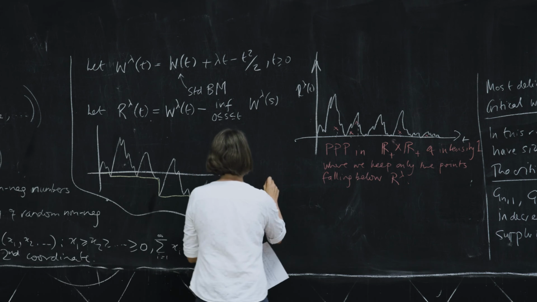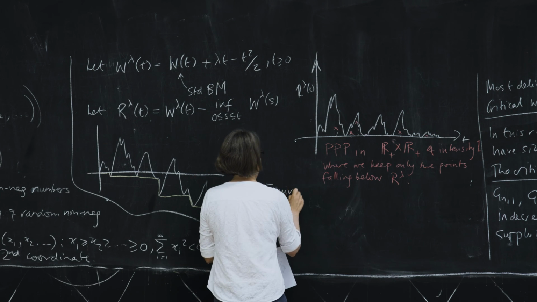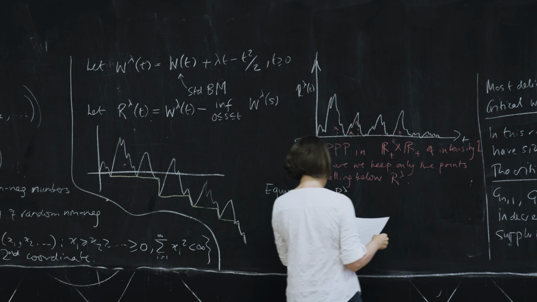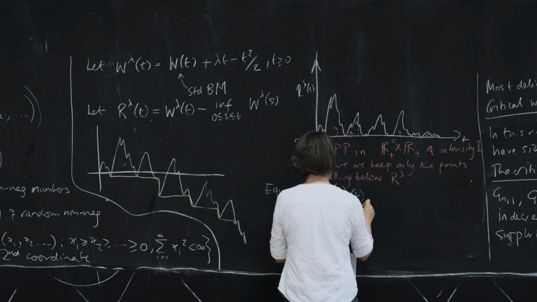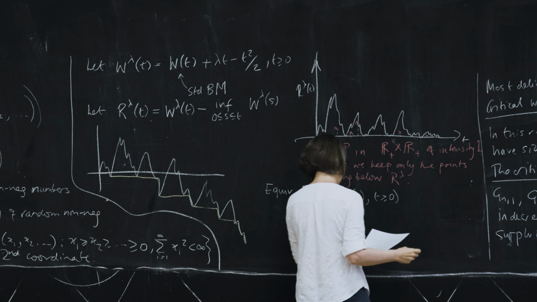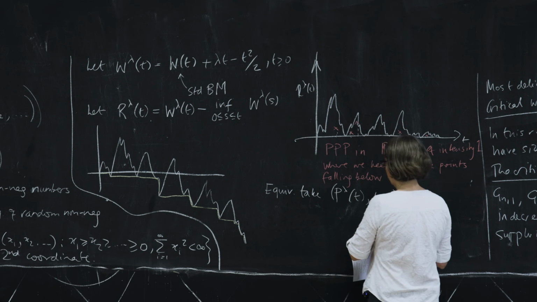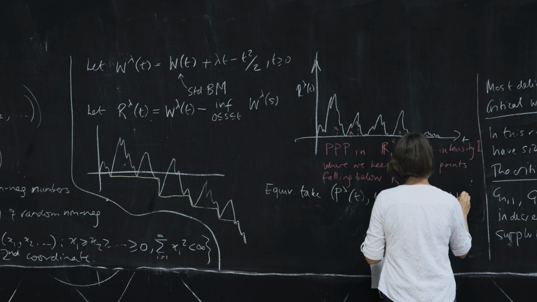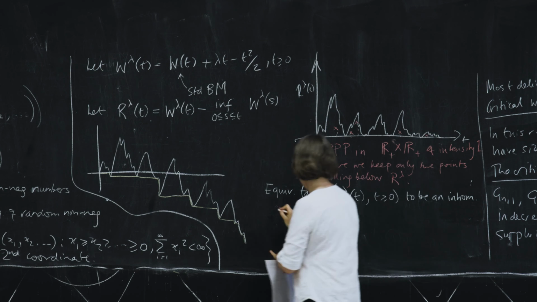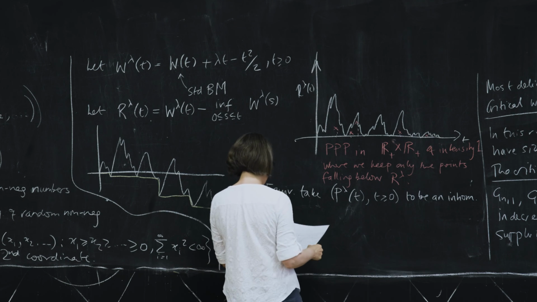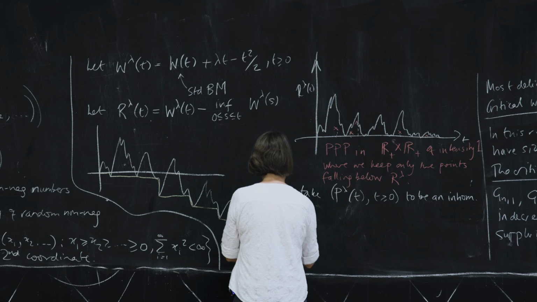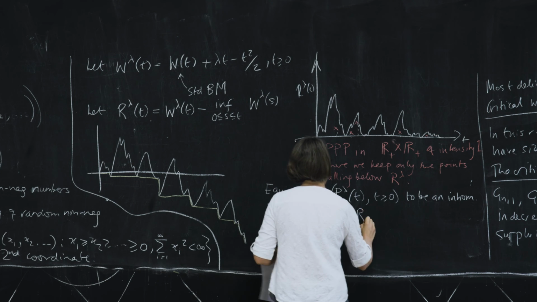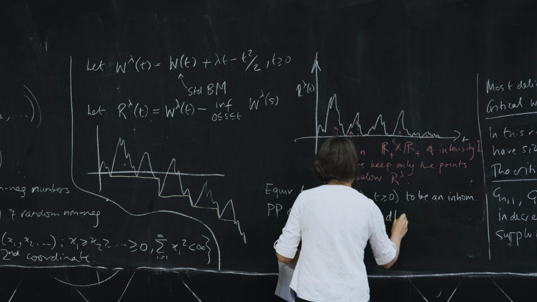So equivalently, I'm going to call this P lambda, because that's going to be convenient for what happens later. This is the process of points to be an inhomogeneous Poisson point process, or Poisson process, of intensity R lambda t dt.